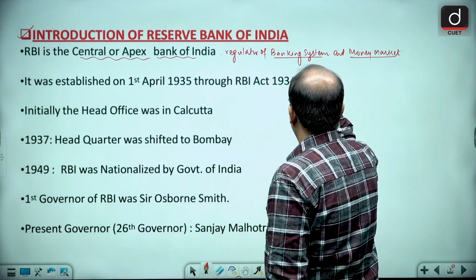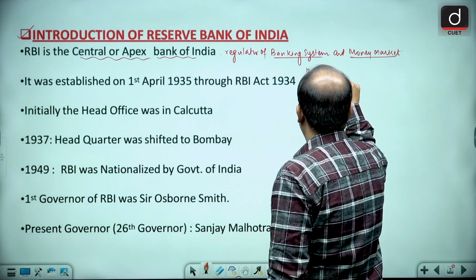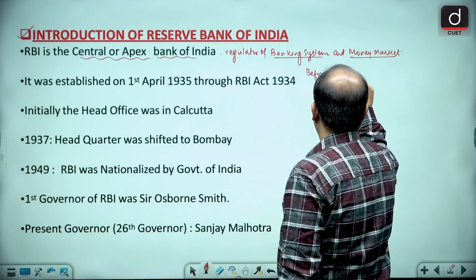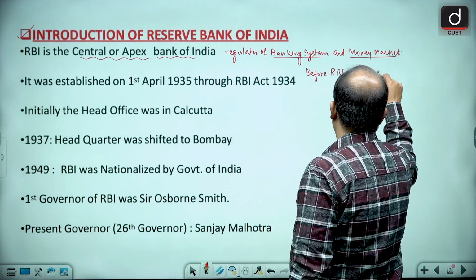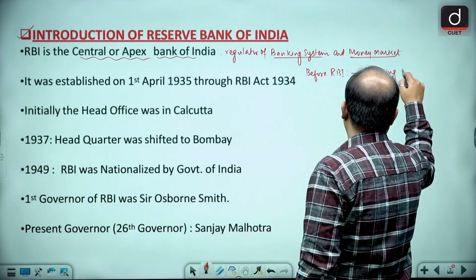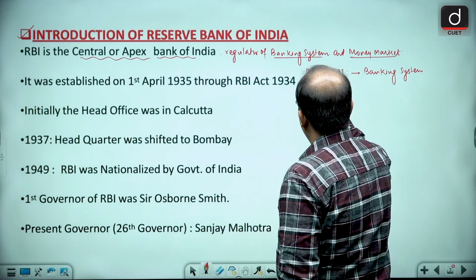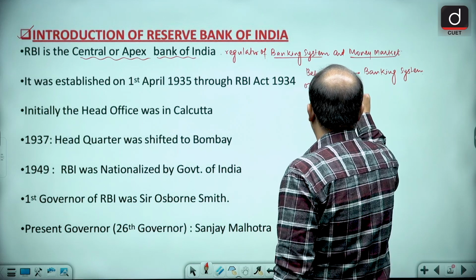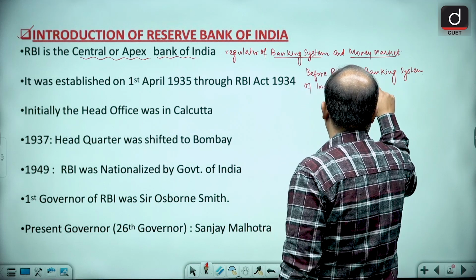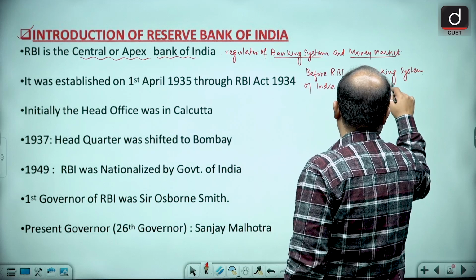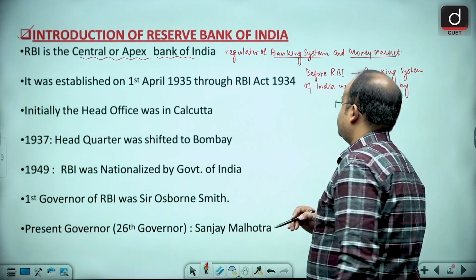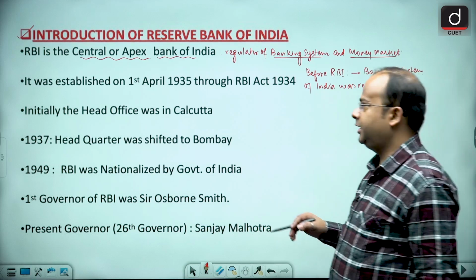So before RBI, the banking system of India was regulated by which bank? The bank was established in the year 1921.